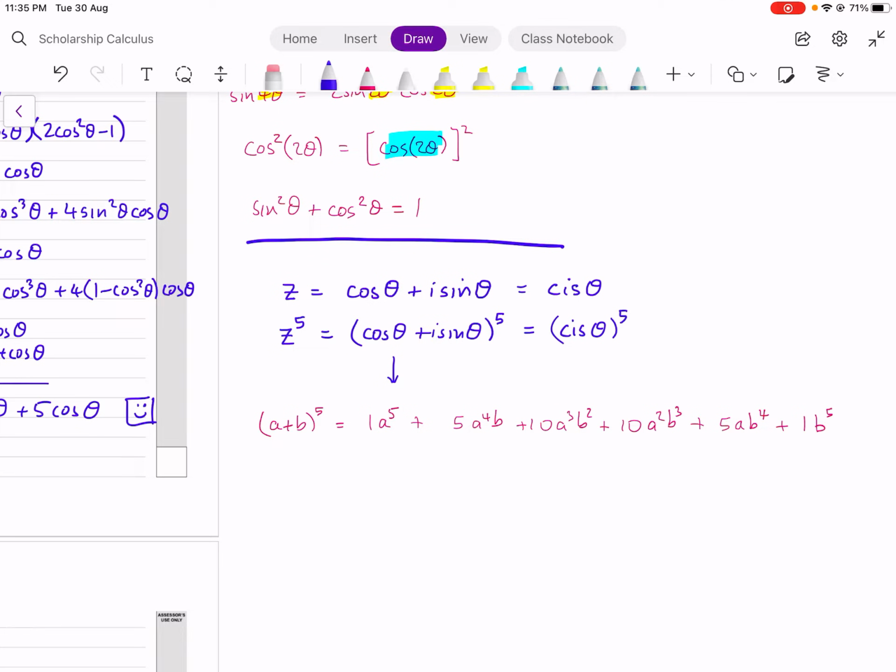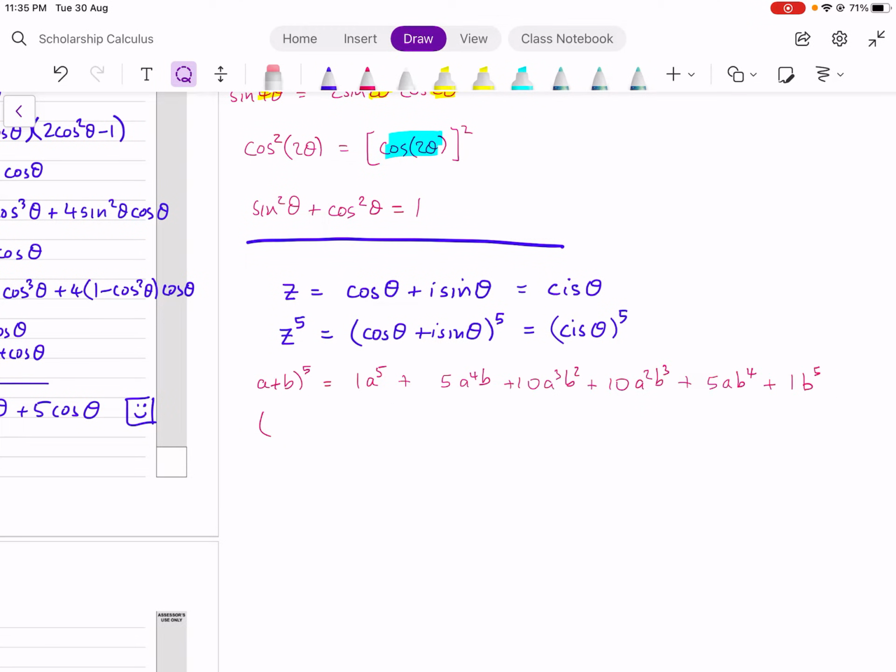So let's move that up there. So for z to the 5, because we've got cos theta plus i sine theta, again for z to the 5, we write out the coefficients, 1, 5, 10, 10, 5, 1.